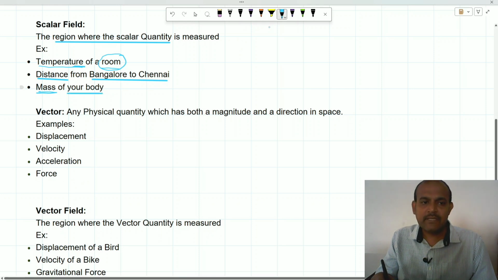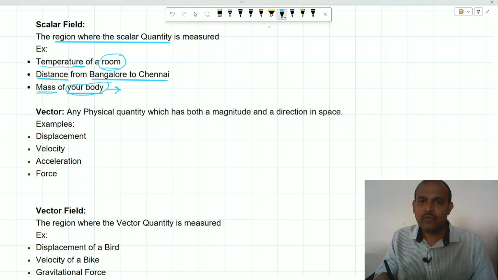What is the mass of your body? This body is your region and you are measuring the scalar quantity mass. Therefore, this becomes a scalar field. Hope you understood what is a scalar and what is a scalar field.